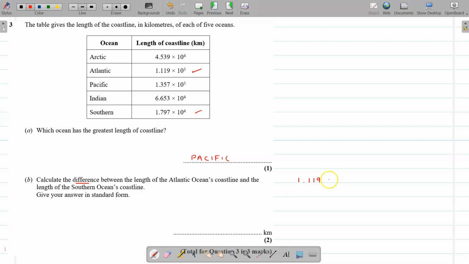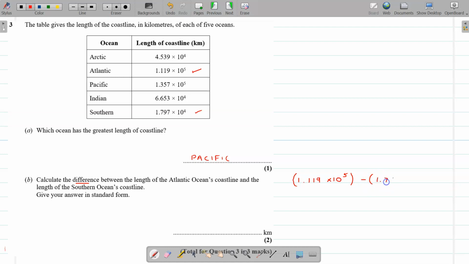1.119. Now there's a button on the calculator that does times 10 to the power of 5. And if you're going to type it in manually, then you need to put brackets around each part. And you can do that anyway, just to be safe.